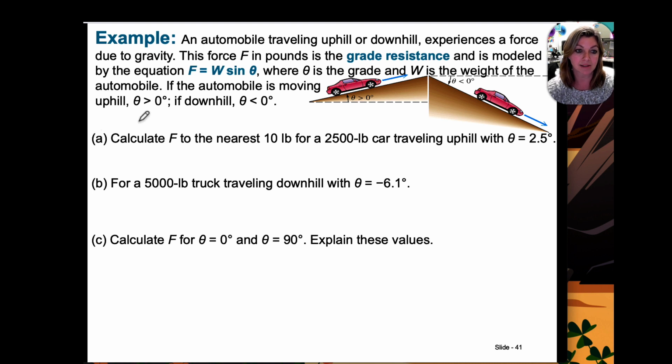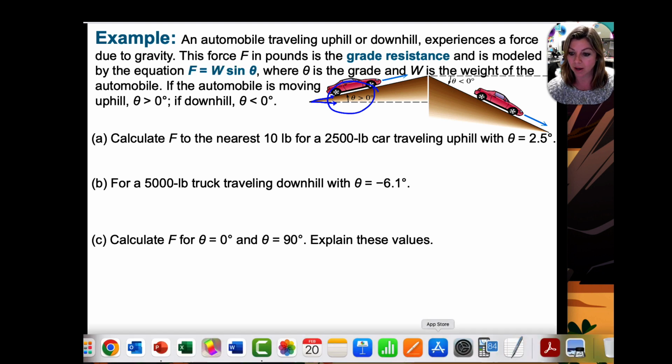Part A asks us to calculate that grade resistance F to the nearest 10 pounds for a 2,500 pound car traveling uphill with theta equal to 2.5 degrees. So that's this situation right here, traveling uphill. Initial side, terminal side, theta is positive, and we can find that grade resistance using our formula F equals W times sine theta.